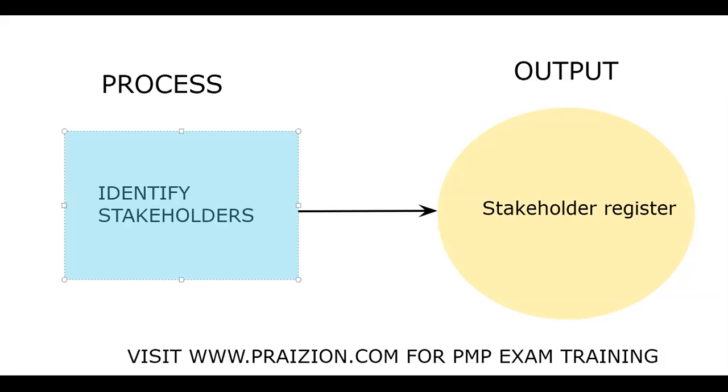And the answer, as you can see, my friends, is none other than identify stakeholders. Identify stakeholders gives you the major output, the stakeholder register. Let's move on to our next drill.